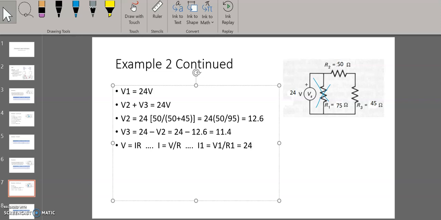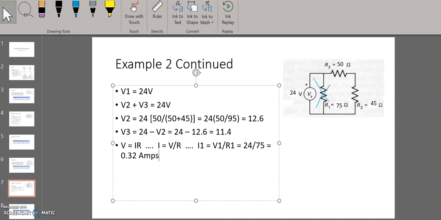We have 24 volts over 75 ohms, and what we get is 0.32 amps. So that's our current for I1, okay?